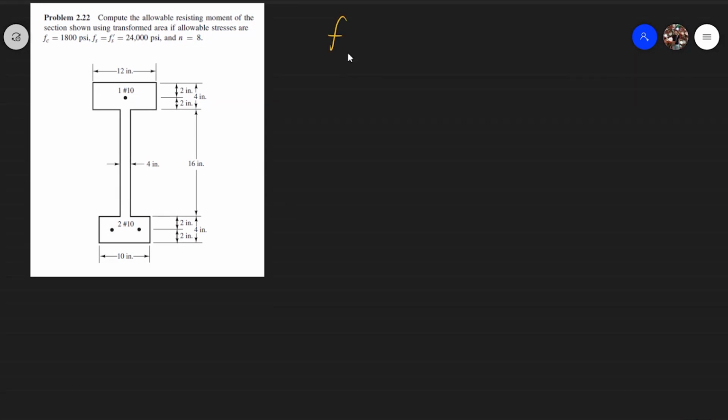Your Fc is equal to 12.41 megapascal. Take note, Fc is the allowable stress of the concrete in compression. If not given, it is 0.45 fc prime. And of course, your Fs is equal to Fs prime.